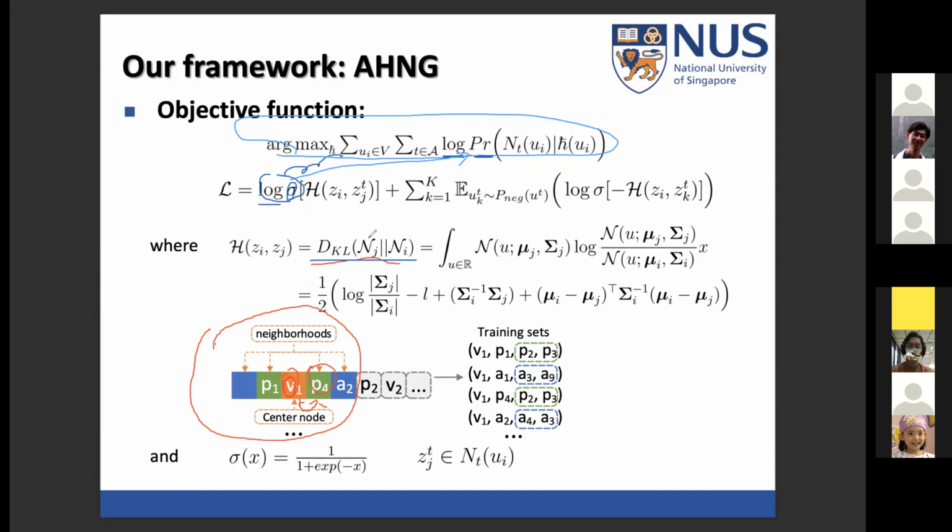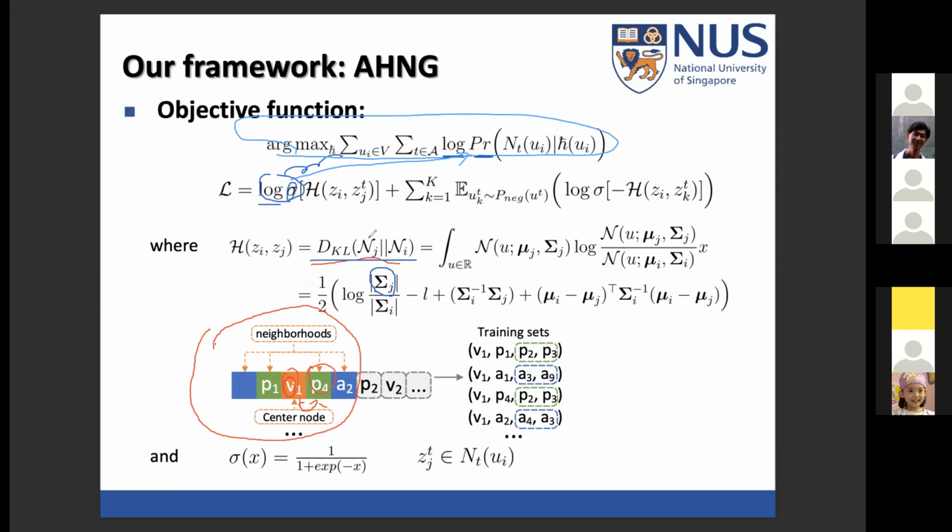Also, how many parameters are inside this sigma? Because sigma is a matrix, if you have a separate sigma for every node, you will have many parameters to optimize, right? Yes, that's right. Did you make any simplifying assumption on sigma?